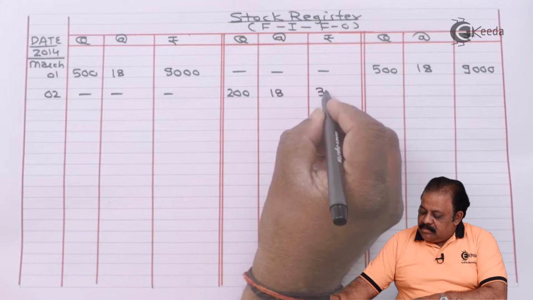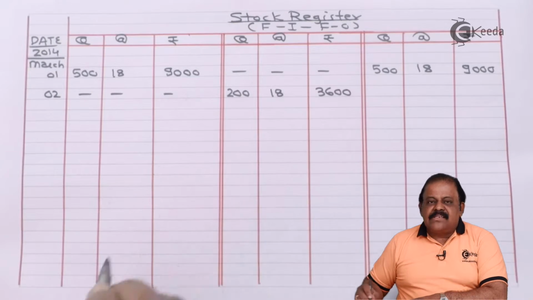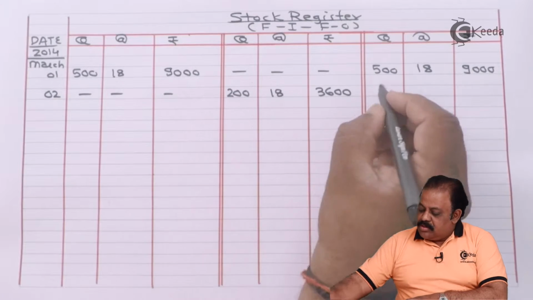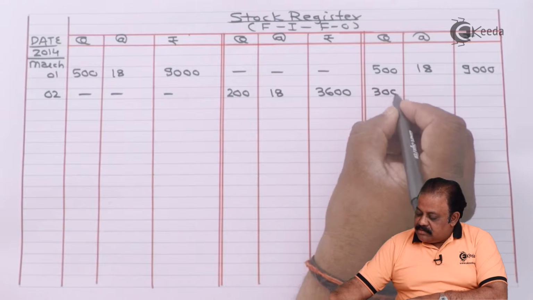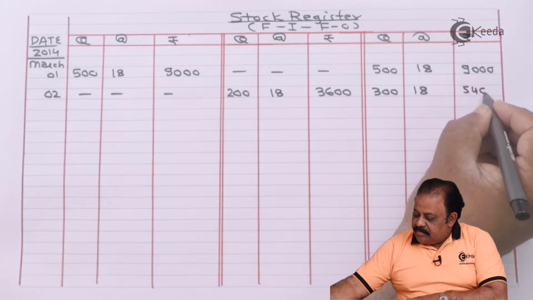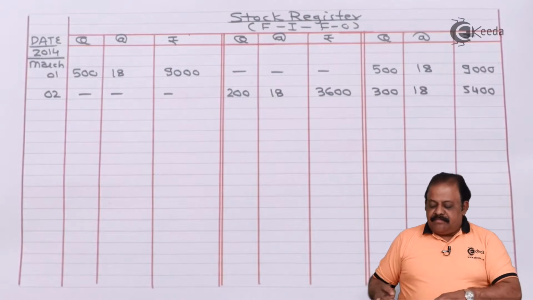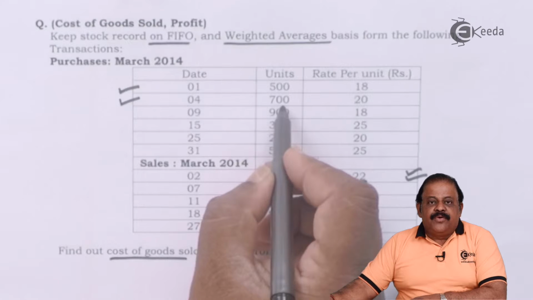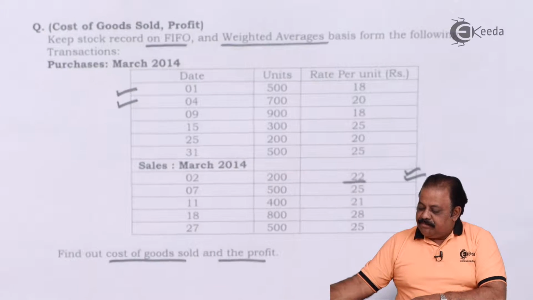So it will be 3,600. Out of 500 units, 200 units are issued. So balance is 300 units at the rate of 18, 5,400.